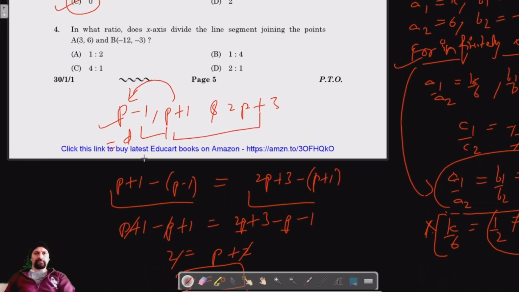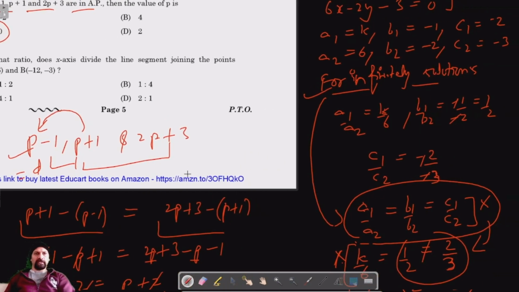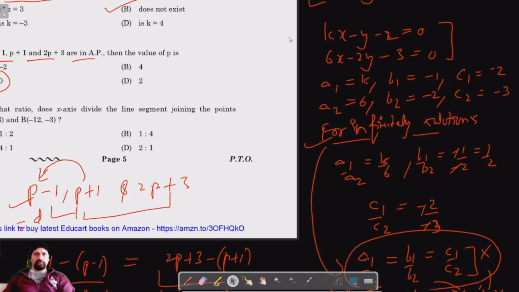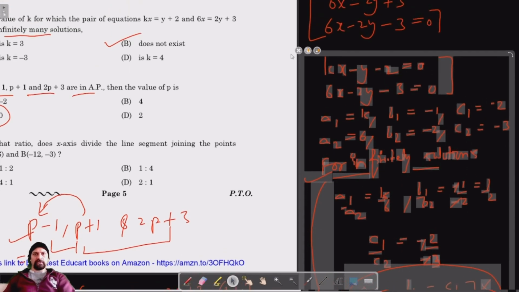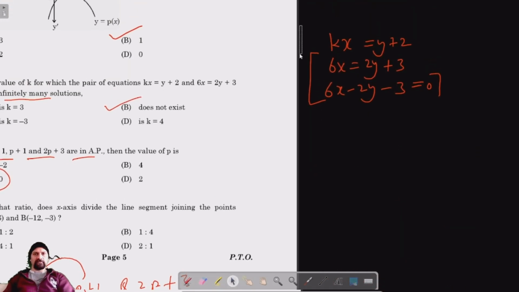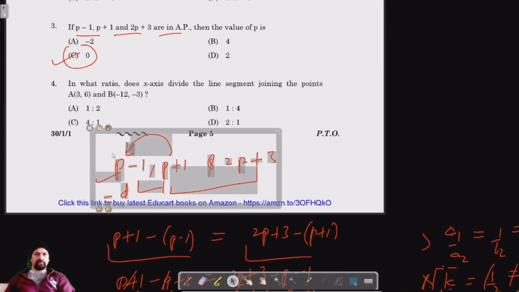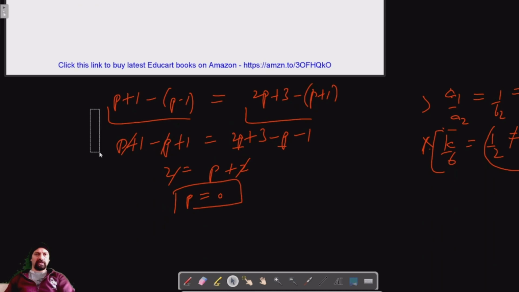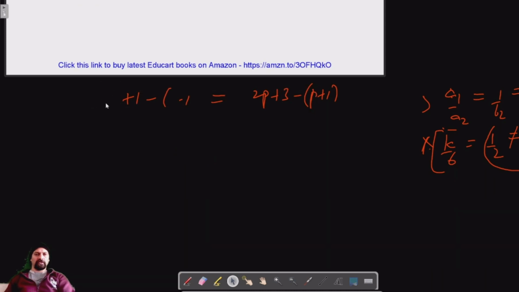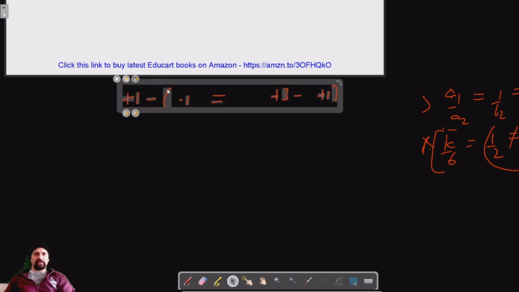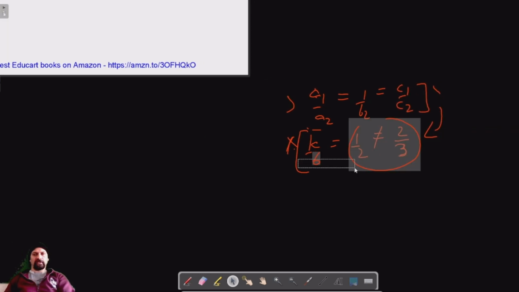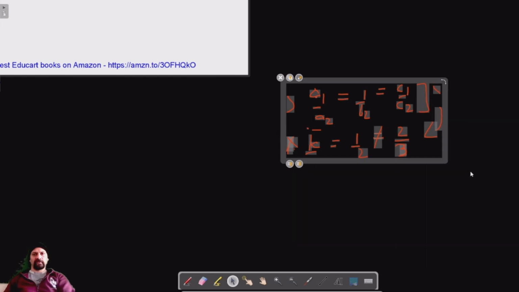Okay, now for question number 4, we have to find the ratio in which the x-axis divides the line segment joining the points. We know that if the x-axis divides a line segment joining some points, then the point at which this line intersects the x-axis has the coordinates x comma 0.